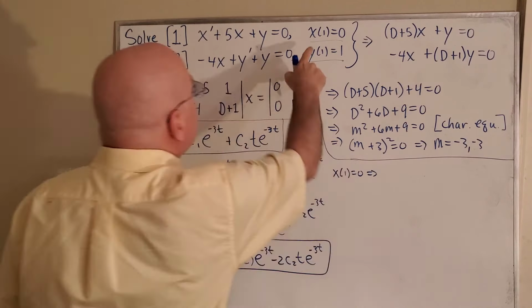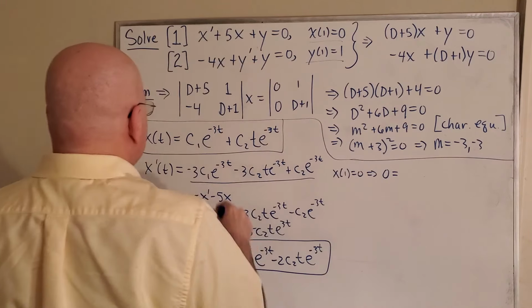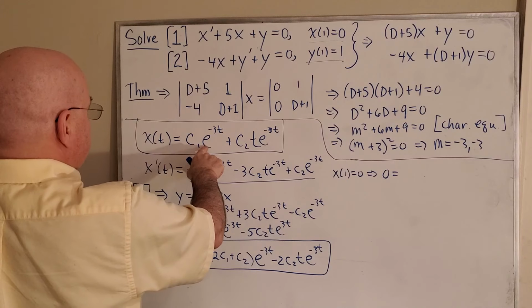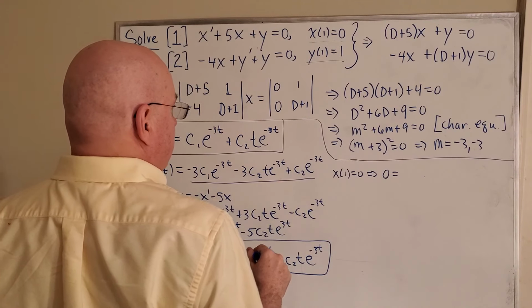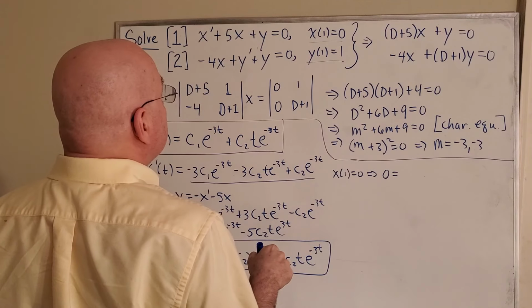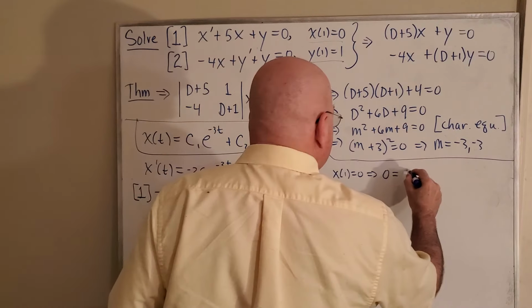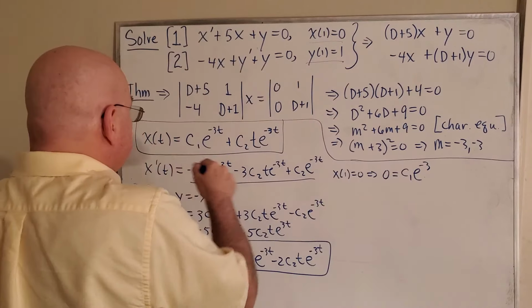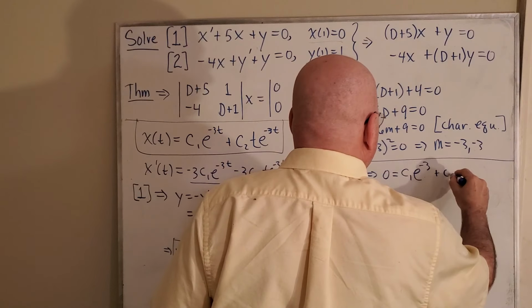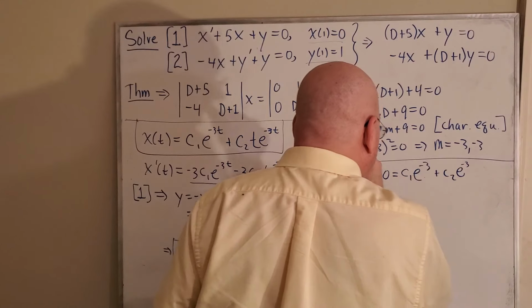So that implies that x is 0 when t is 1. When t is 1, we get C1 e to the negative 3 plus C2 times 1 times e to the negative 3.